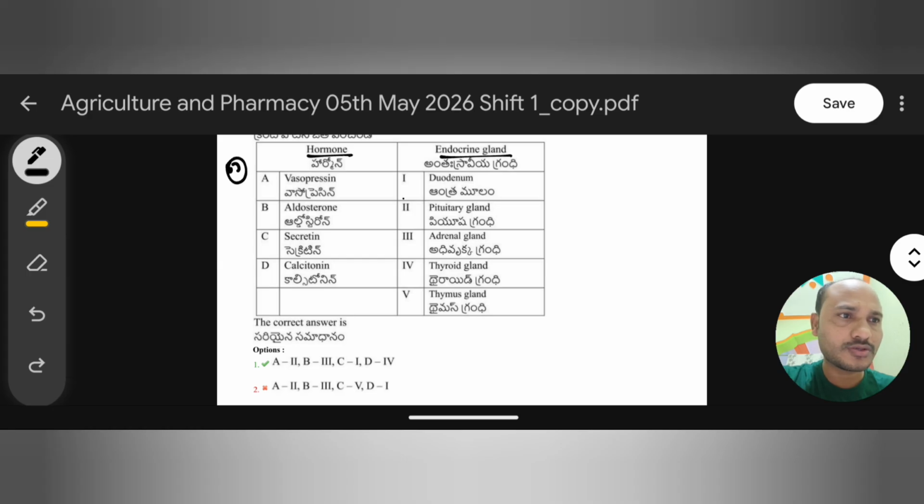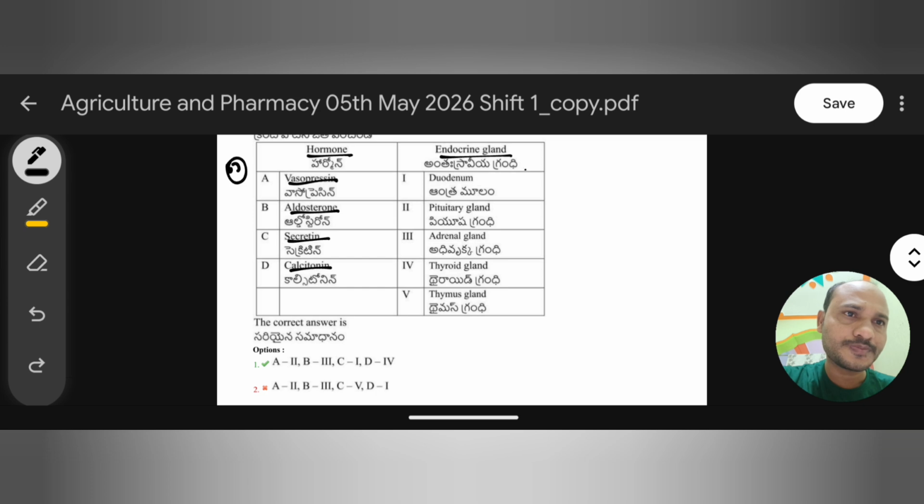Here they are giving hormones and endocrine glands. With respect to the endocrine gland, we have to choose the correct answer. Match the various hormones like vasopressin, aldosterone, secretin, calcitonin, and their respective glands from which we obtain these hormones. Let's start the explanation with the vasopressin hormone.